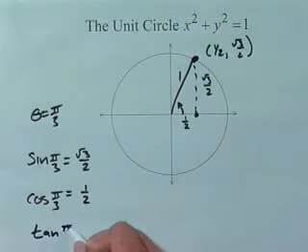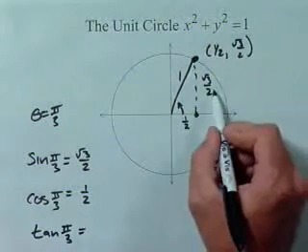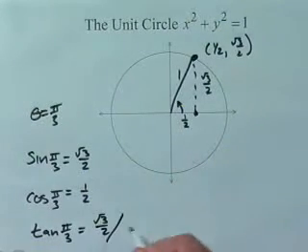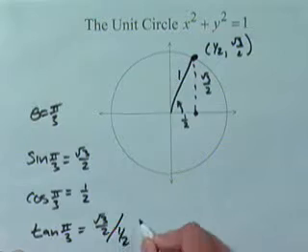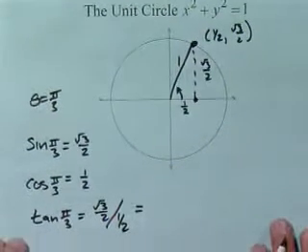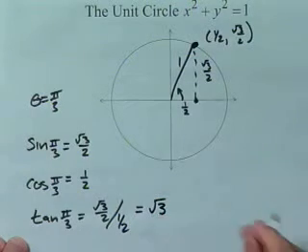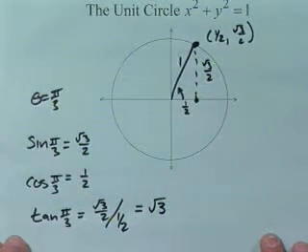Tangent of pi thirds was opposite, or y divided by x, and if we invert and multiply, we get square root of 3.